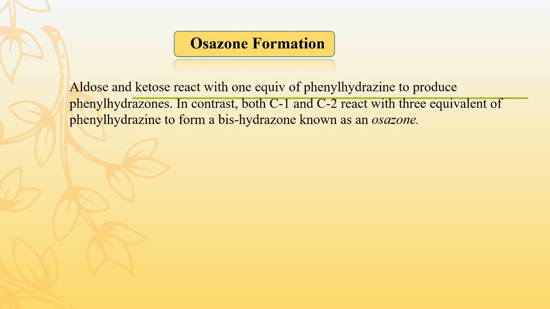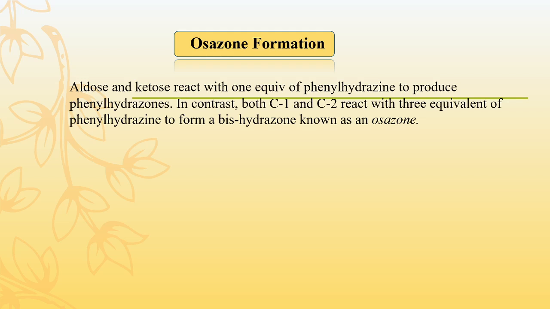PhNHNH2, this is the phenylhydrazine. Then this phenylhydrazine reacts with the aldehyde group of our carbohydrate. Initially, one equivalent reacts with the aldehyde of our carbohydrate unit. Then there is a removal of aniline, and a carbonyl group forms at the C2 position.